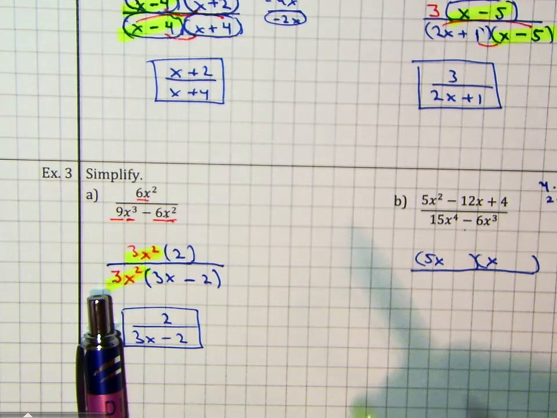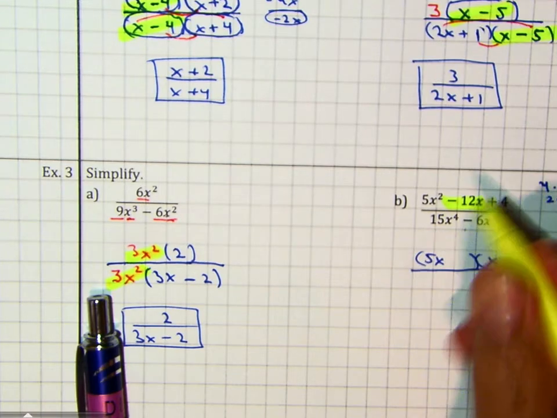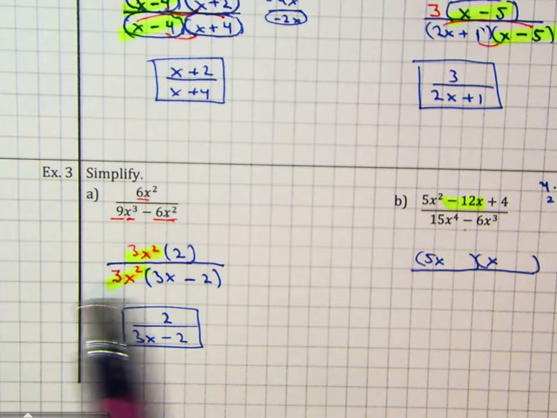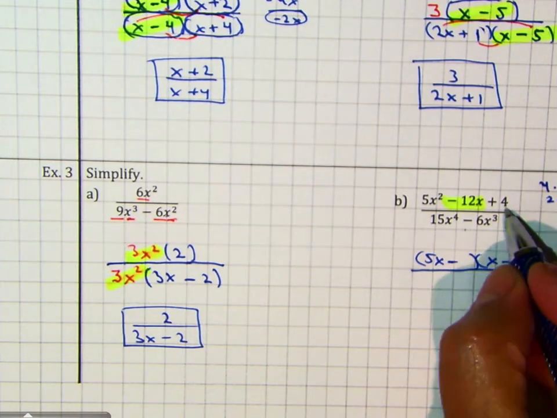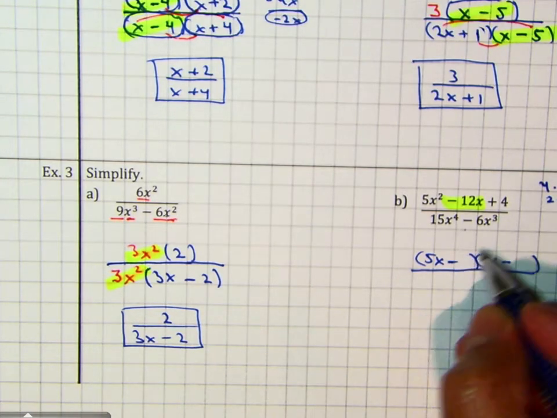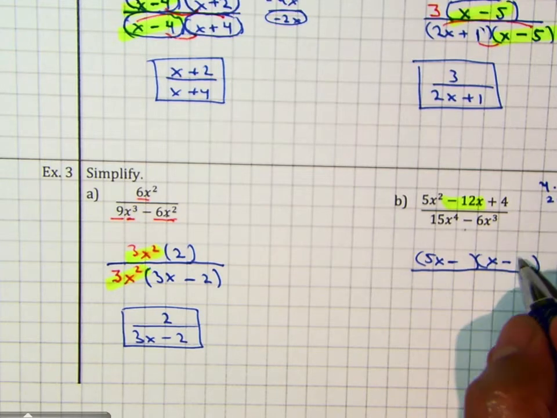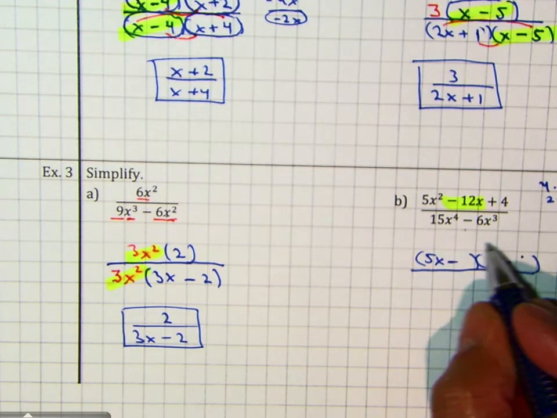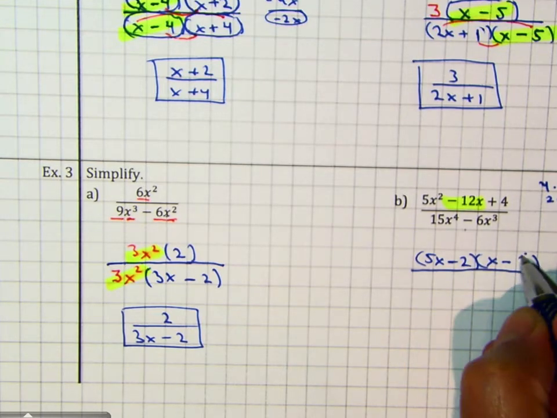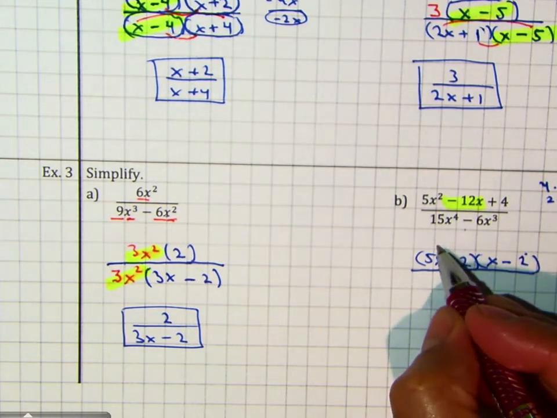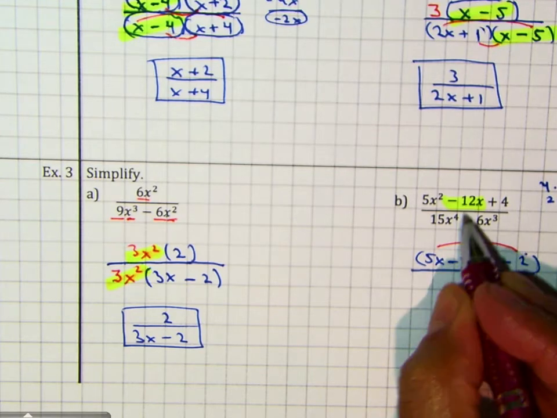And they need to add up to a negative 12x, so therefore they both should be negative. Factors of 4 are 4 and 1, or 2 and 2. Well, if I place my 4 in here, that's 20. That's too big. So I'm going to use 2 and 2, because if I multiply this out, that gives me 10, and 2 more is the 12 that I need.